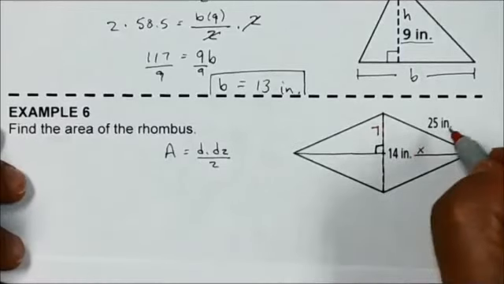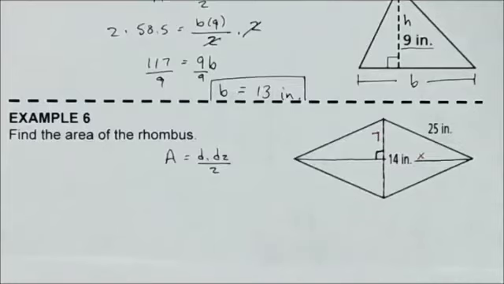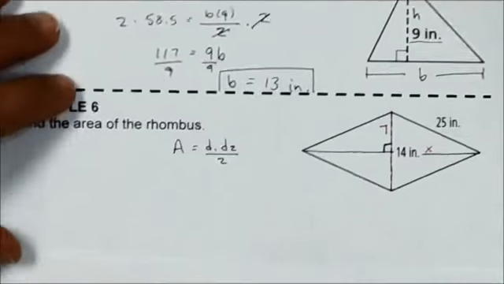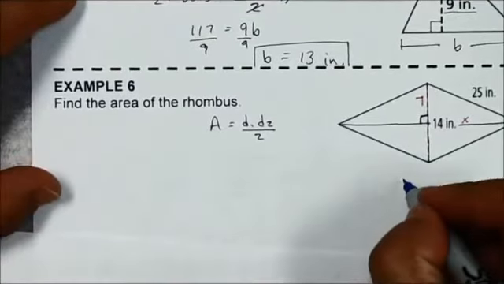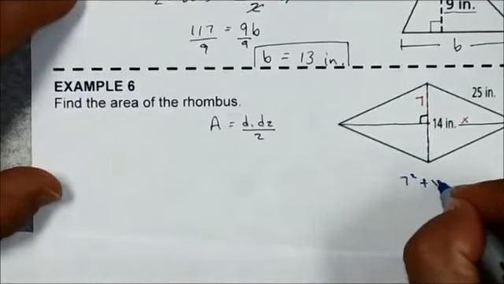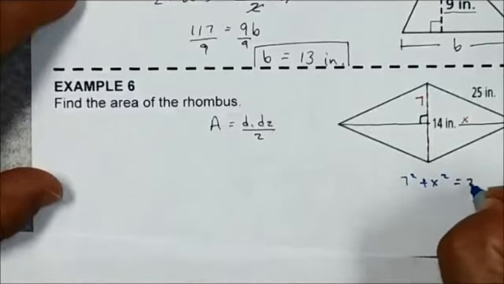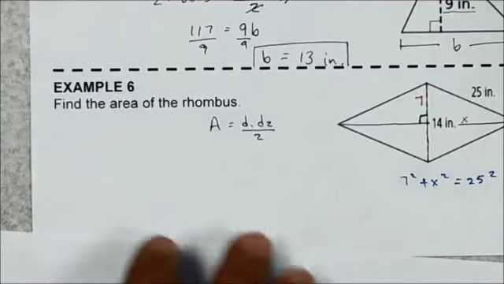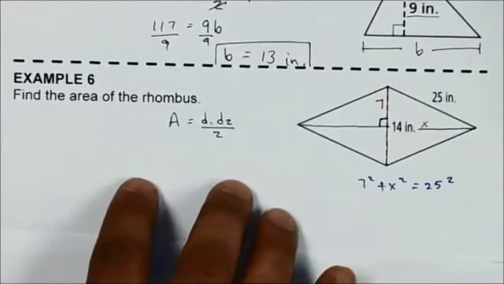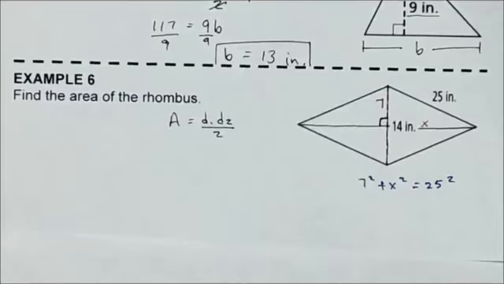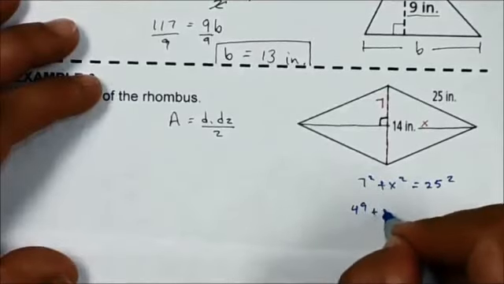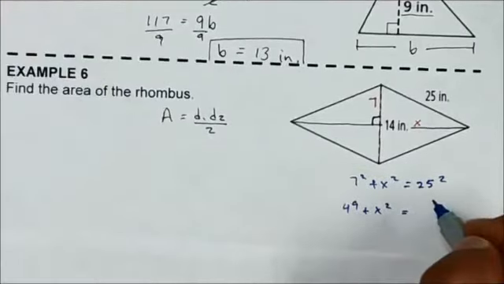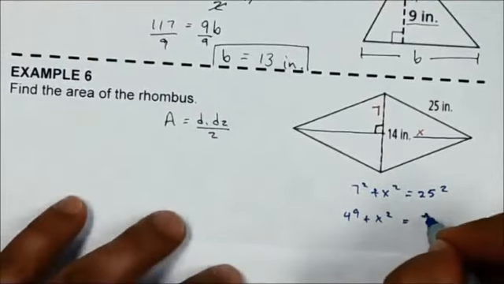My Pythagorean theorem tells me that I'm going to use 7 squared plus x squared is equal to 25 squared. So that's going to be 49 plus x squared is equal to 625.